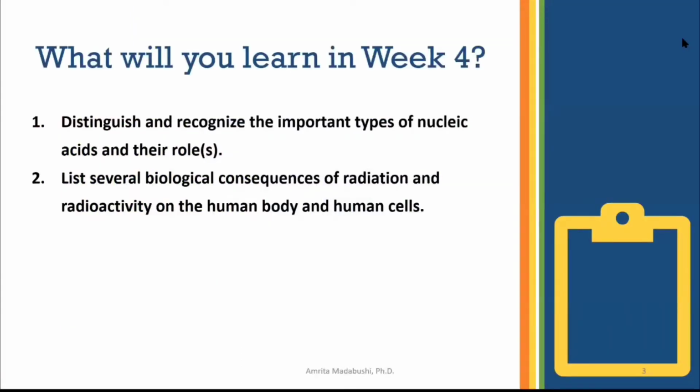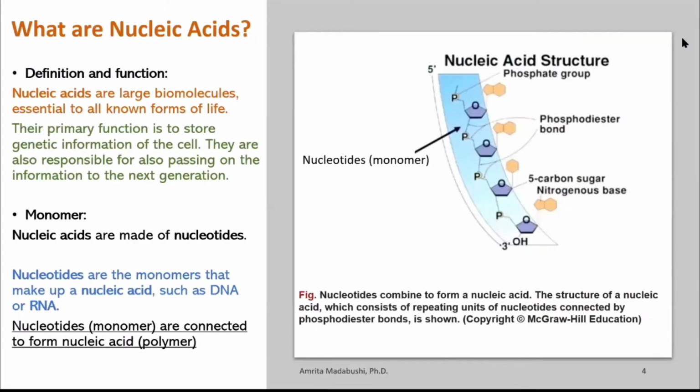So we are here to learn about the important types of nucleic acids and what their biological consequences are when human beings are subjected to radiation. How does that impact nucleic acids? We're going to start with their structure and definition because that's what we have been doing with all the other modules.